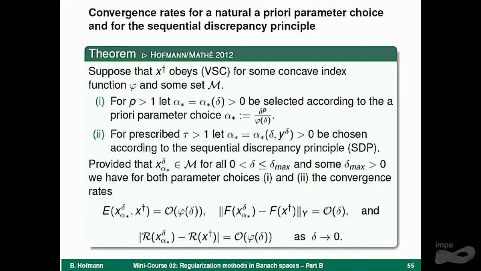You see, this is really the rate. If delta goes to 0, this is the rate. It's not interesting point by point for this x dagger; it's interesting for classes, formulating classes, source sets, let's say, with these properties. Moreover, we have that the discrepancy is big O of delta, and also the absolute value of the differences is big O of phi of delta.